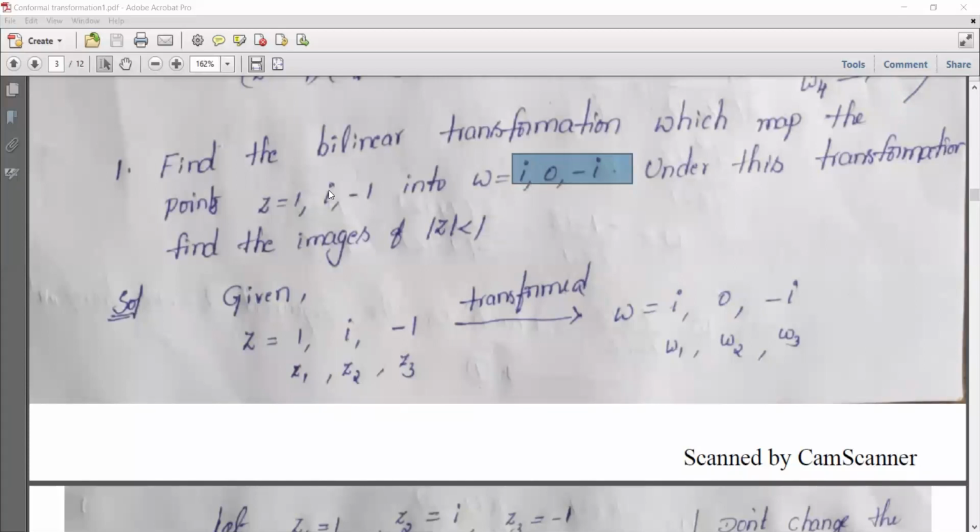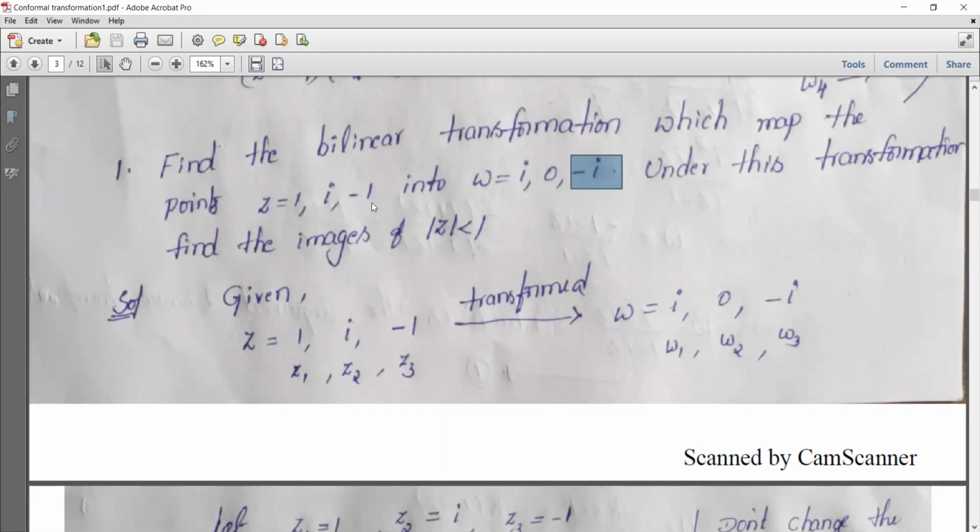Next, the second point in Z plane, I, is transformed to 0 in W plane. So when you take I as Z2, you should take 0 as W2. Next, minus 1 in Z plane, the third point, is transformed to minus I in W plane.